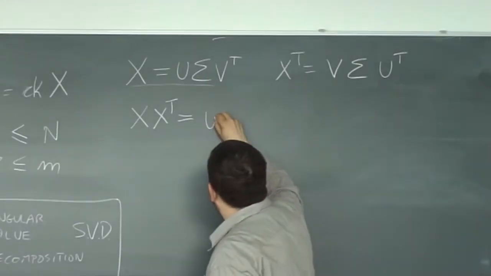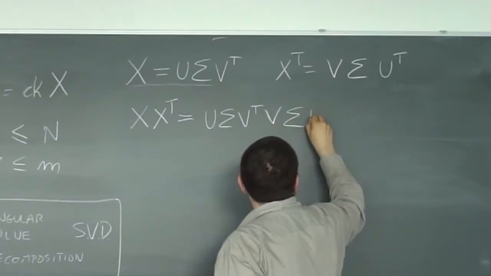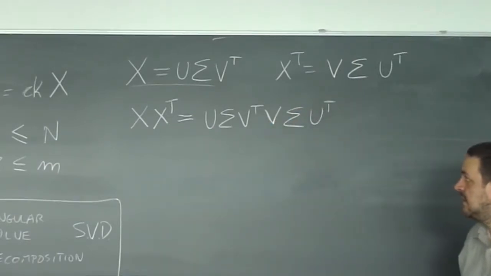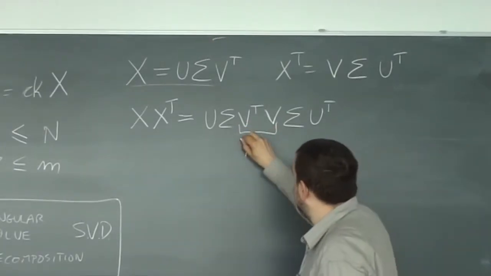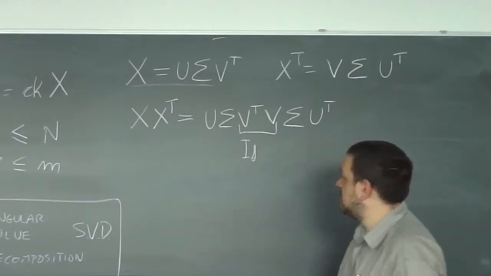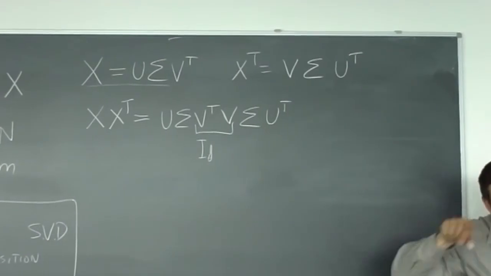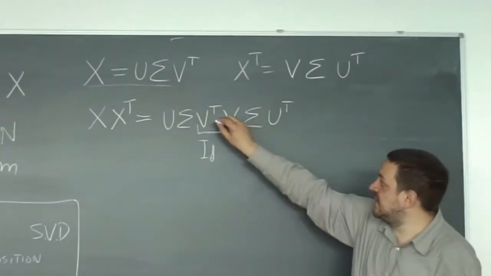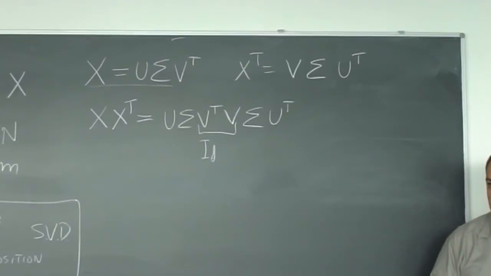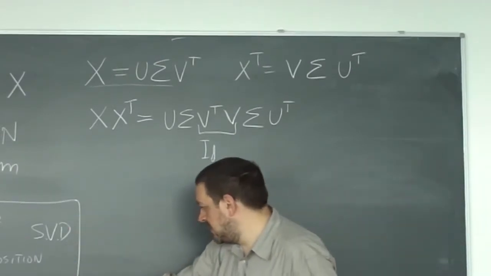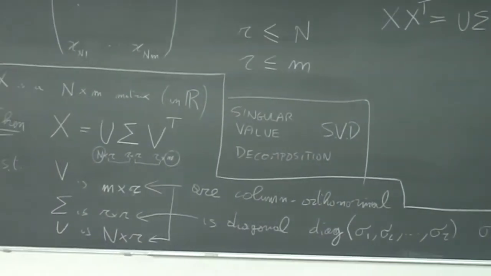And X transpose X is V sigma U transpose U sigma V transpose. But U transpose U is the identity matrix, the diagonal matrix with ones on the diagonal, because we know that, since U is column orthonormal, it actually means this.